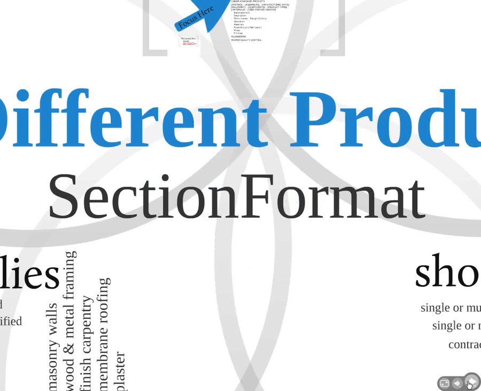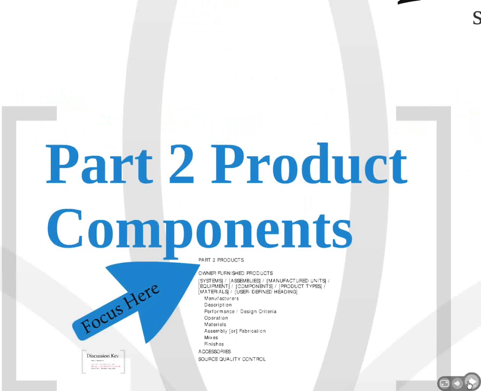Okay, so specifying different products differently, and it all comes down to how we're using SectionFormat. Most of the control of the SectionFormat for the products and what needs to be done for specifying the products is really controlled by Part 2.